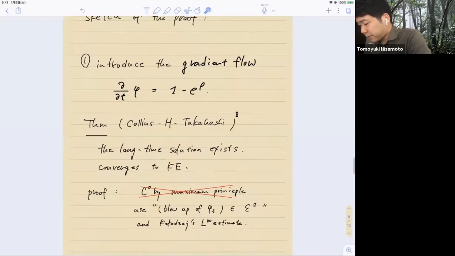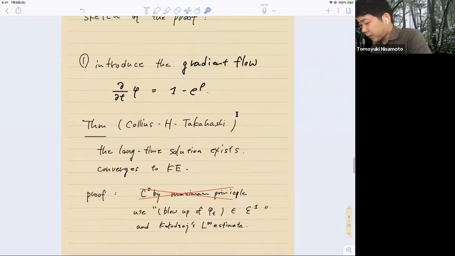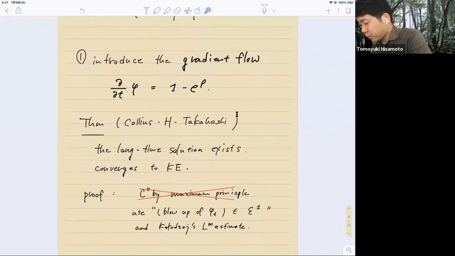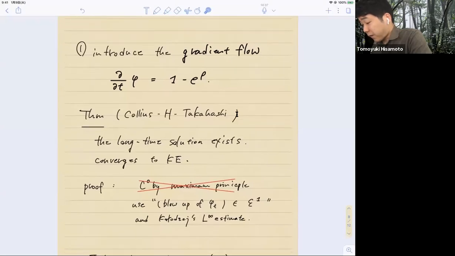And the proof itself is, I think, interesting because routine strategies like the C0 estimate using the maximum principle are not effective in this case. The sign of the linearized equation is bad, and we cannot simply apply the maximum principle. Actually, we use the fact that the blow-up of this flow in finite time converges in some class of singular metrics.